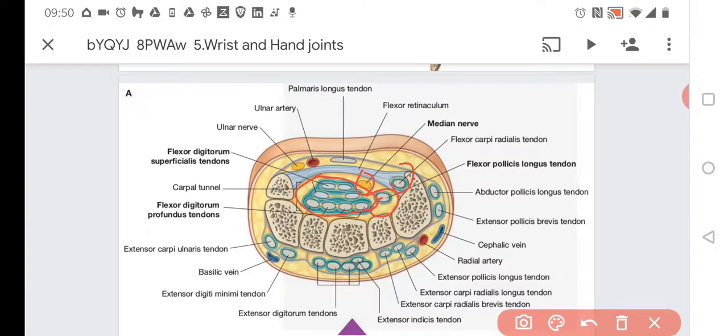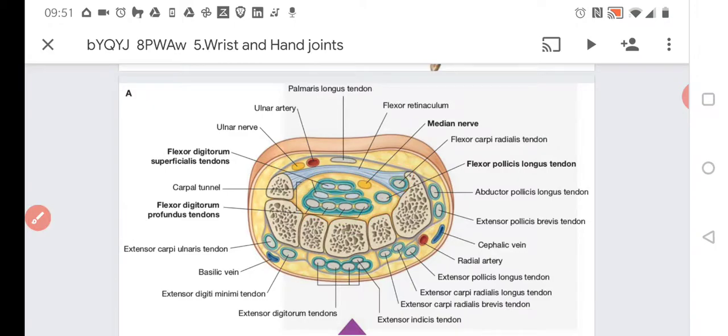If this would bulge, it would press the median nerve against the flexor retinaculum, and it may lead to some signs and symptoms related to carpal tunnel syndrome. So the median nerve in this case would not work properly.